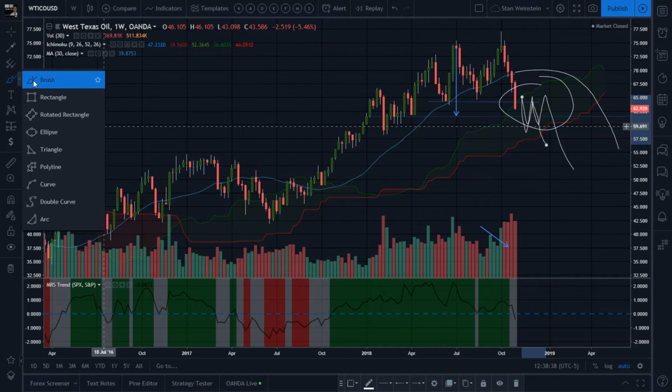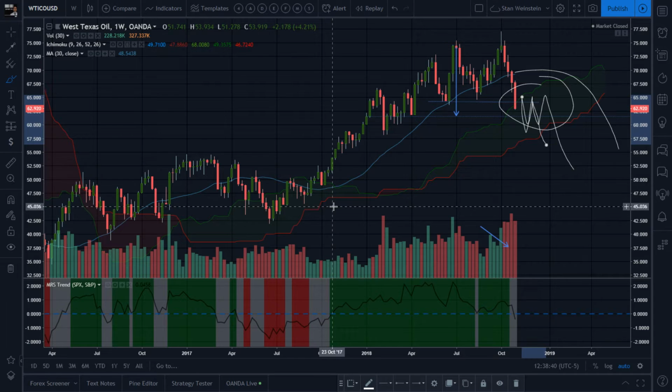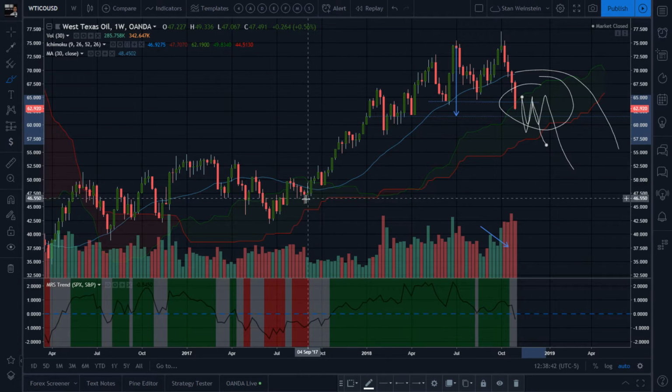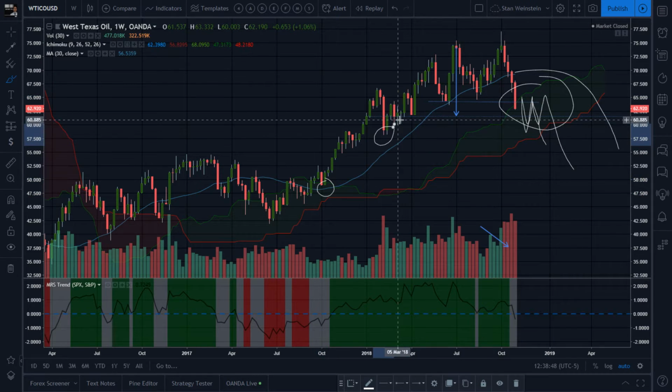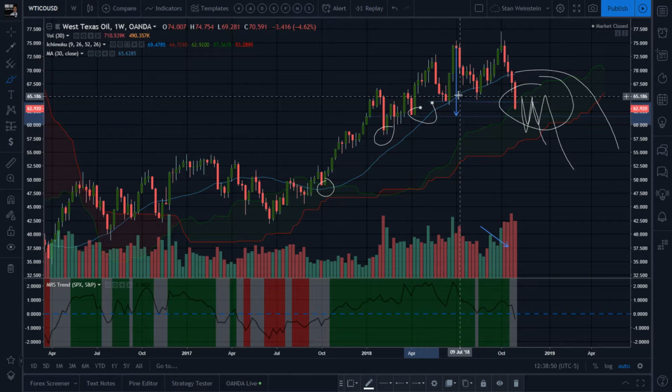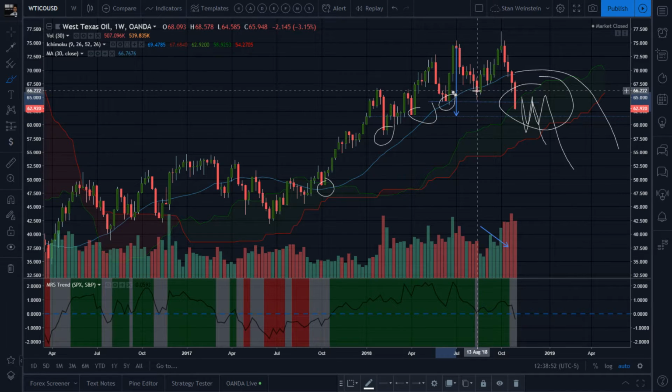If you do the Stan Weinstein style, remember, you get in, I don't see the volume. Uptrend, higher lows, higher lows, higher lows, higher lows. Oh, warning sign. Higher low, but closing below the 30-week moving average. Not a place you want to be.